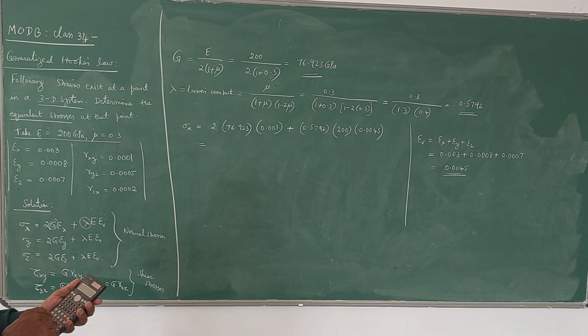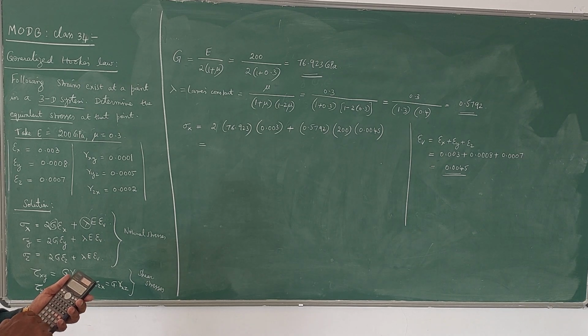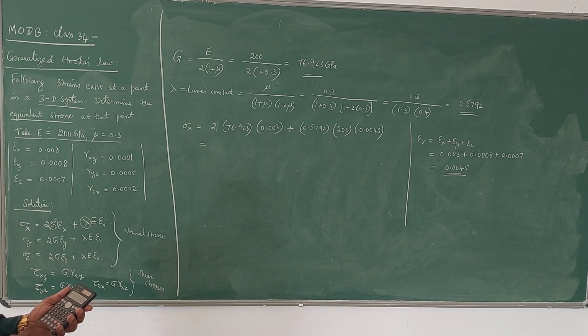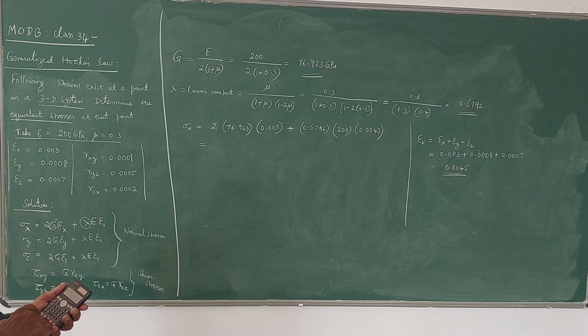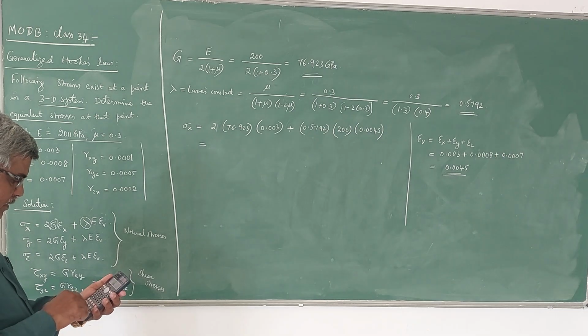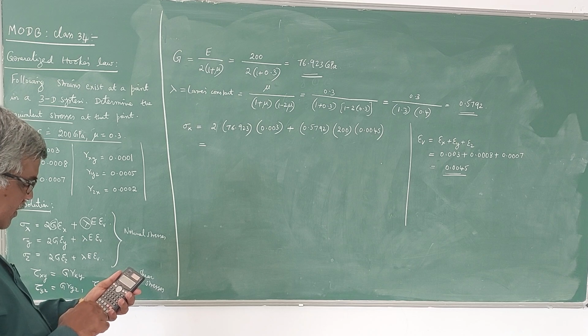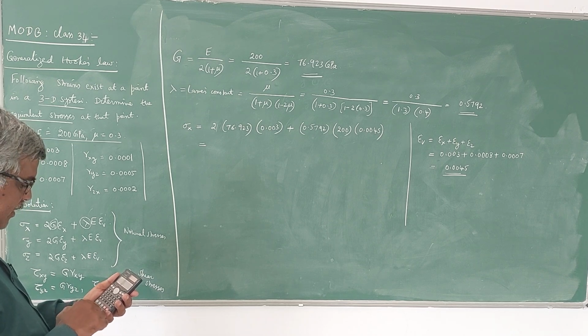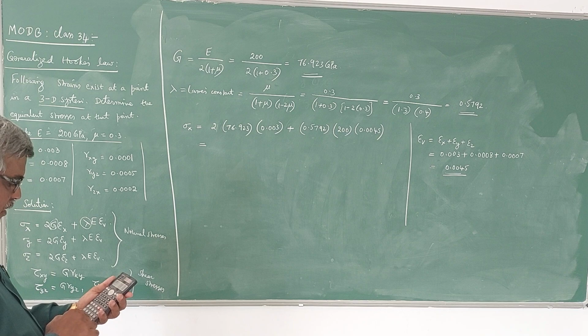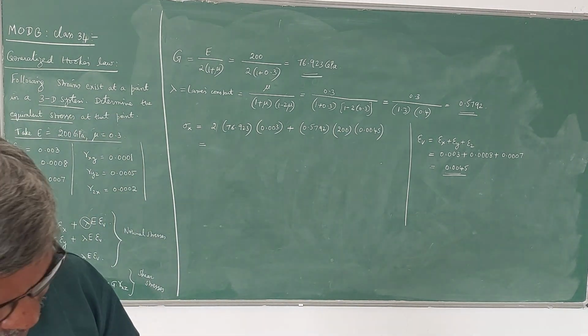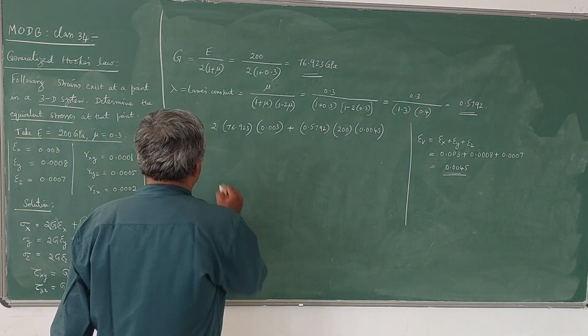So 2 into 76.923 into 0.003, plus 0.5769 into 200 into 0.0045. So the value is 0.9828 GPa.